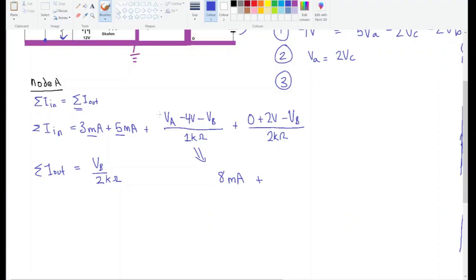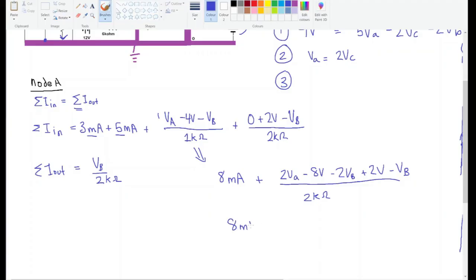I'm going to multiply this top and bottom by 2, so that we have the same denominator over here, and then we'll combine them. So that's 2 kilo ohms. That'll be 2 VA minus 8 volts minus 2 VB, plus 2 volts minus 2 minus VB.